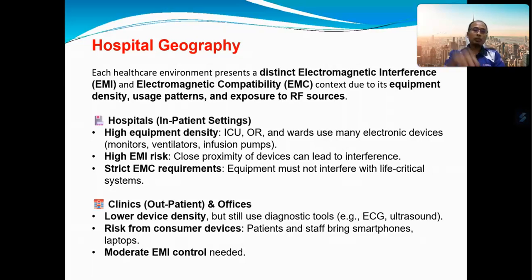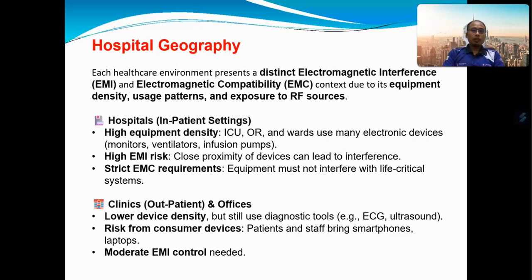For example, if you focus on ICU, the most life critical system is the ventilator. So you must make sure that all the monitors, all the infusion pumps or other equipment nearby the ventilators will not interrupt the function of the ventilators.